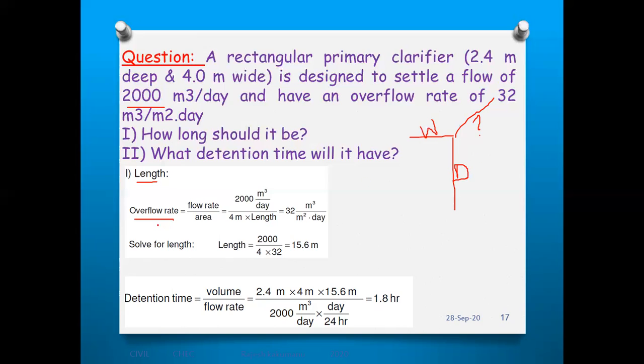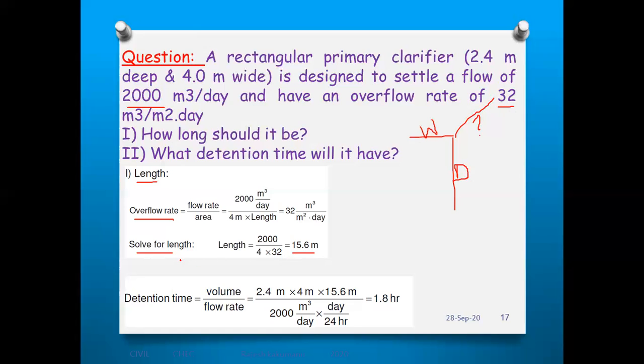Therefore, the overflow rate is 32, ఇచ్చాడు, right? So 32 is equal to 2000 by 4 into length. What is the length you have to find? So దీన్ని మీరు simplify చేసిన తర్వాత length ని తీసుకొస్తే 2000 divided by 4 into 32 is equal to 15.6 meters.